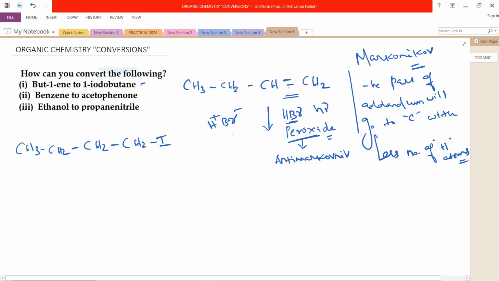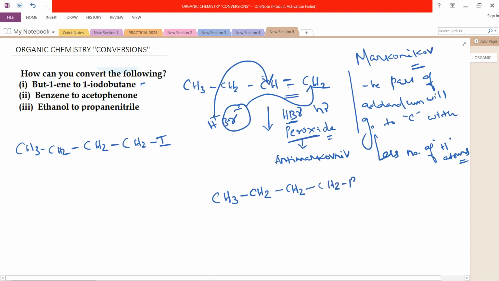So now this bromine will go to the carbon having the higher number of hydrogen atoms and this hydrogen will move to the other carbon. Thus it gives CH3 CH2 CH2 CH2Br, right?